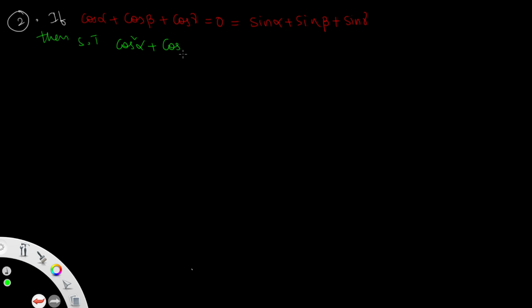Second and third: if cos alpha plus cos beta plus cos gamma is equal to 0, that is equal to sin alpha plus sin beta plus sin gamma, then show that cos square alpha plus cos square beta plus cos square gamma equal to 3 by 2, that is equal to sin square alpha plus sin square beta plus sin square gamma.